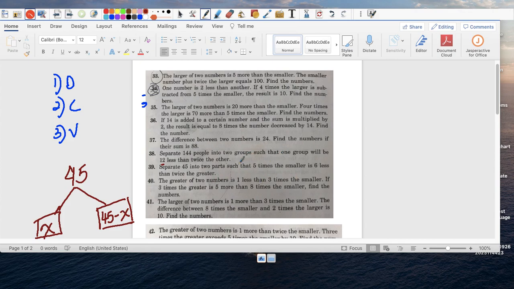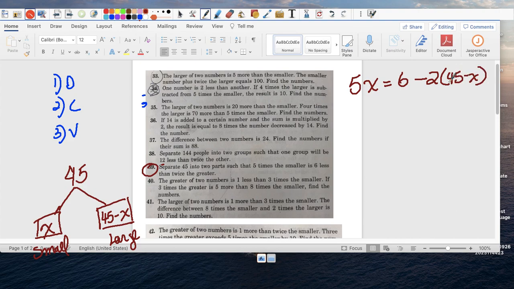It says separate into two parts such that 5 times the smaller number is 6 less than twice the greater. It doesn't matter who you call the small or large. I'm just going to call this the small group, and this one the large group. If you want to reverse it, that's fine as well. So 5 times the smaller, which we called x, is equal to 6 less than 2 times the large group, 45 minus x.